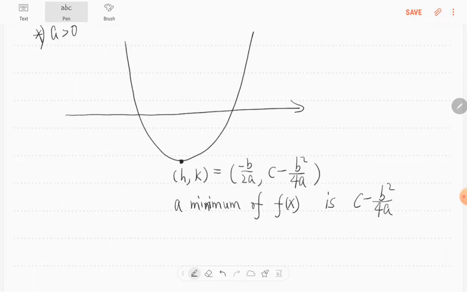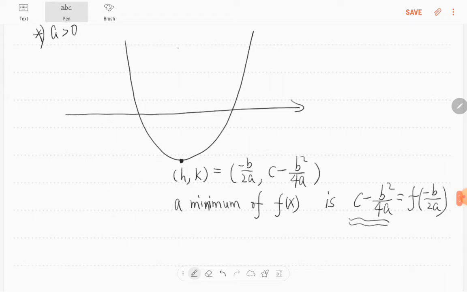You can get this number by plugging the x coordinate of this point into the function, which is f of negative b over 2a. So then you don't need to memorize this complicated formula. You just need to know the x coordinate of this point, which is h, negative b over 2a. Then you plug this into the function f of x, and you will have the k value, which is c minus b squared over 4a.